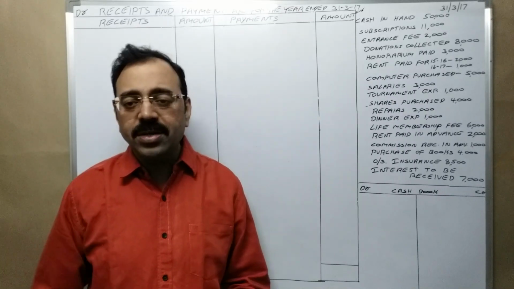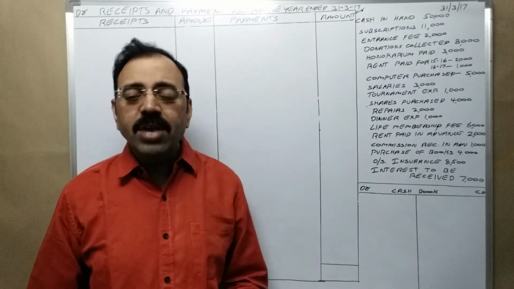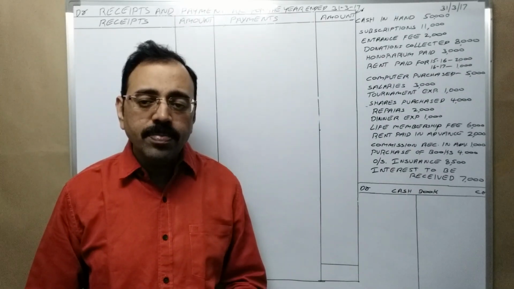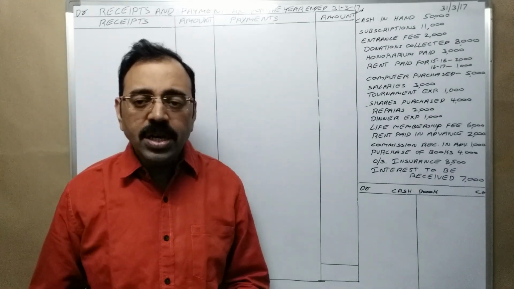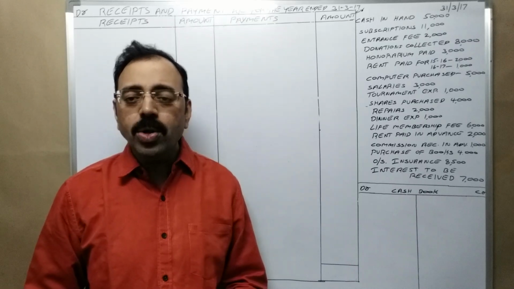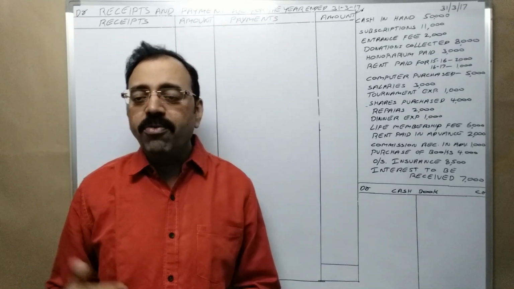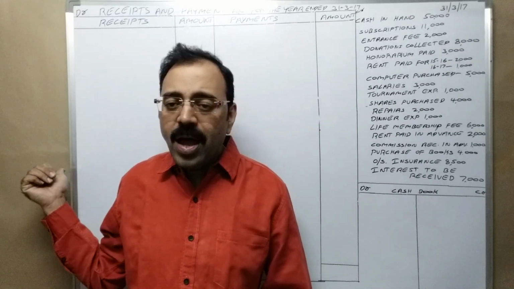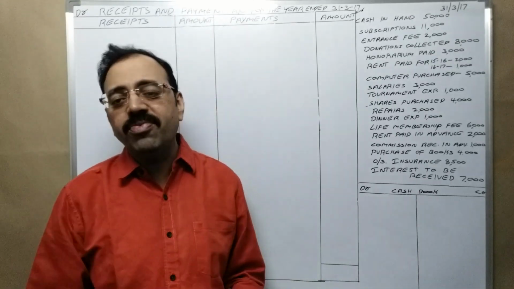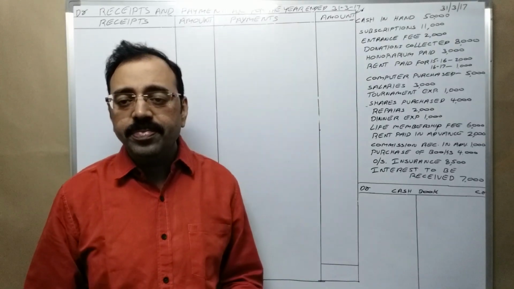Cash is an asset. So it is a real account. Then what is the real account principle? Debit what comes in, credit what goes out. So according to that, when cash is coming into the firm, we should debit it, and when cash is going from the firm, we should show that on the credit side.